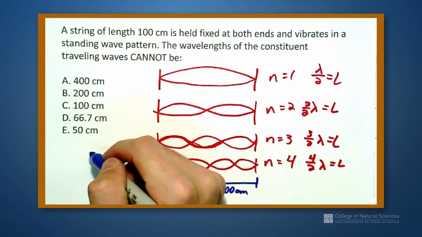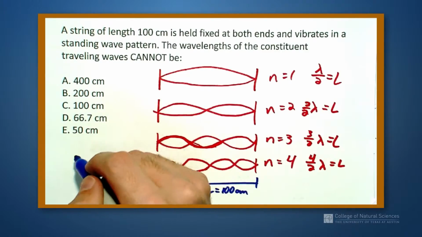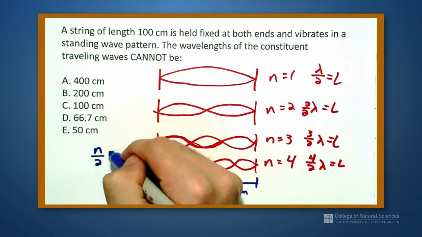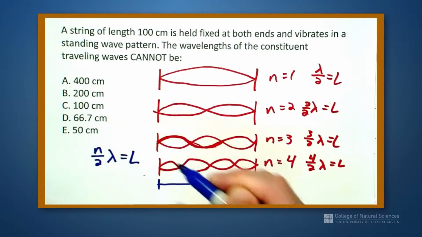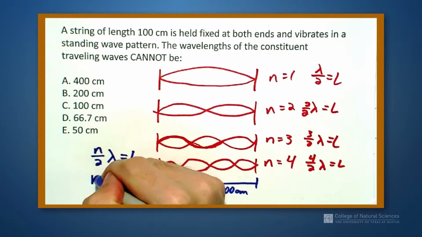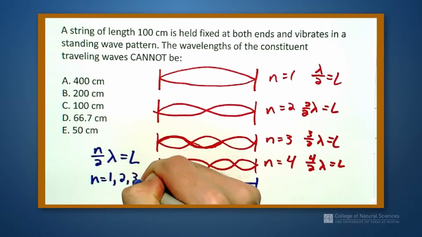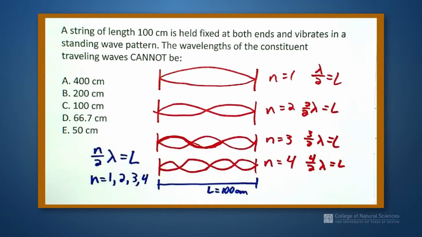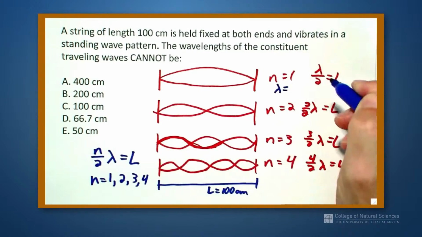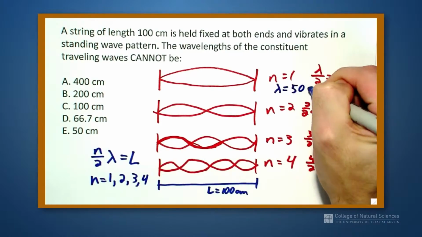The pattern that emerges is n divided by 2 times lambda is equal to L, where n has to be equal to 1, 2, 3, 4, and so forth. So the values for the wavelengths that I get: the first one, lambda is going to be 50 centimeters.